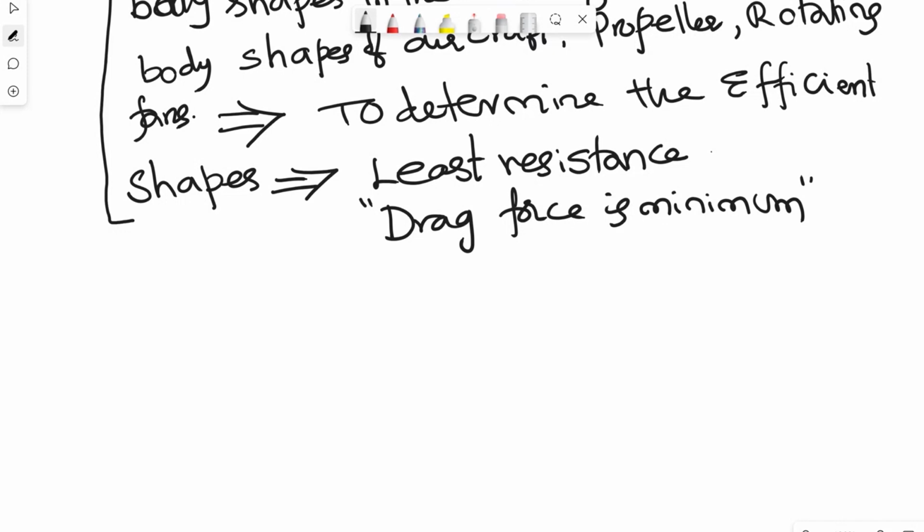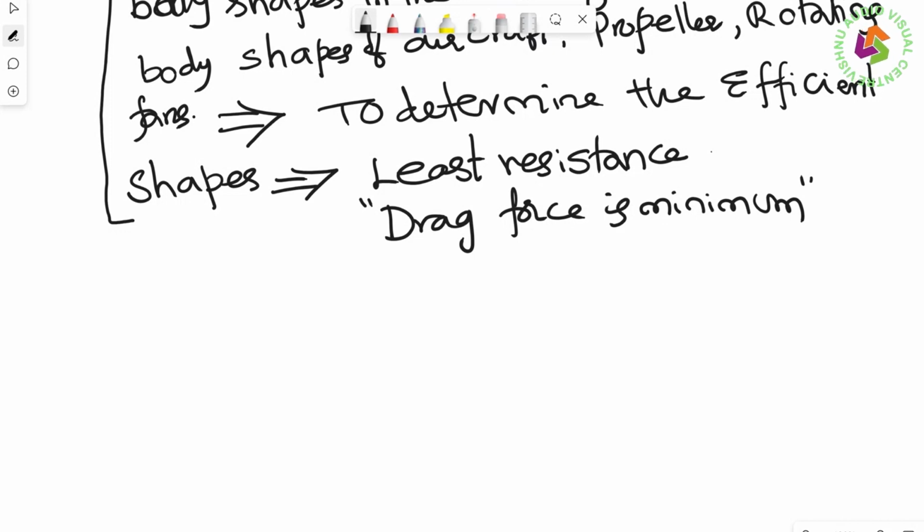Parallel to the direction of motion is the drag force, and perpendicular to it is the lift force. Our objective is to minimize the drag force by choosing an efficient shape for the wings and the nose of the aircraft, so that the resistance force is minimum.